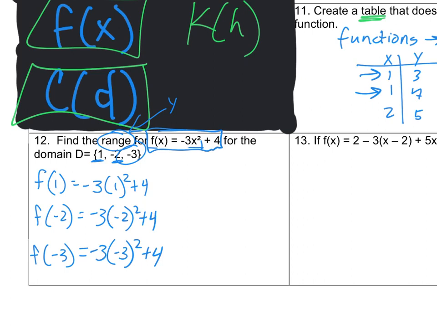I'll tell you that that is a lot more work, and it concerns me, especially here, that you'll type it in incorrectly.